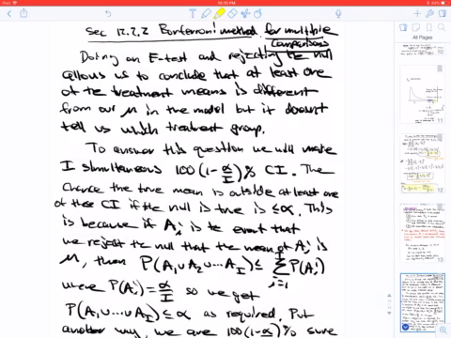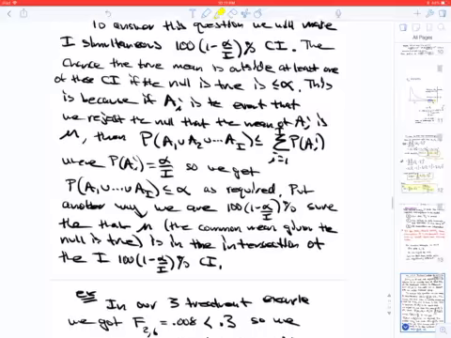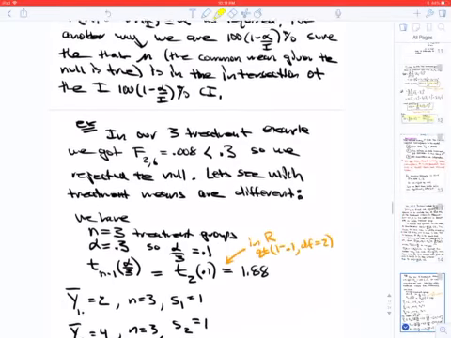So, for example, if alpha is 0.3 and I have three groups, then I should be looking at three 90% confidence intervals. 90 is 1 minus 0.3 over 3 times 100% CI. So that is what we're going to do here.